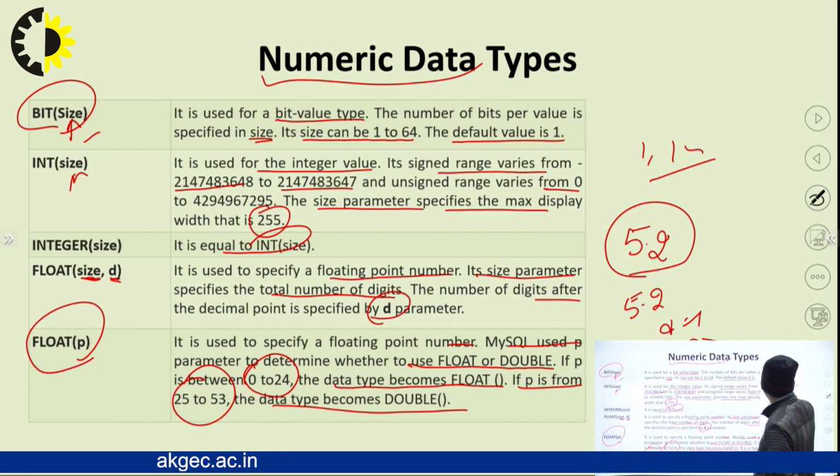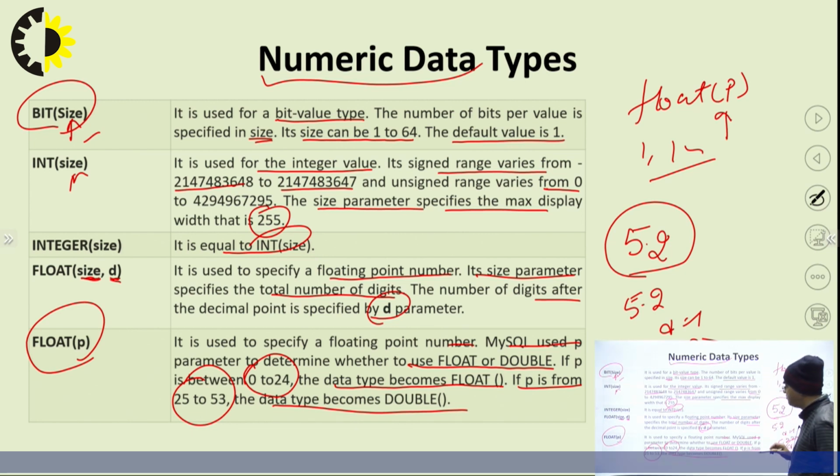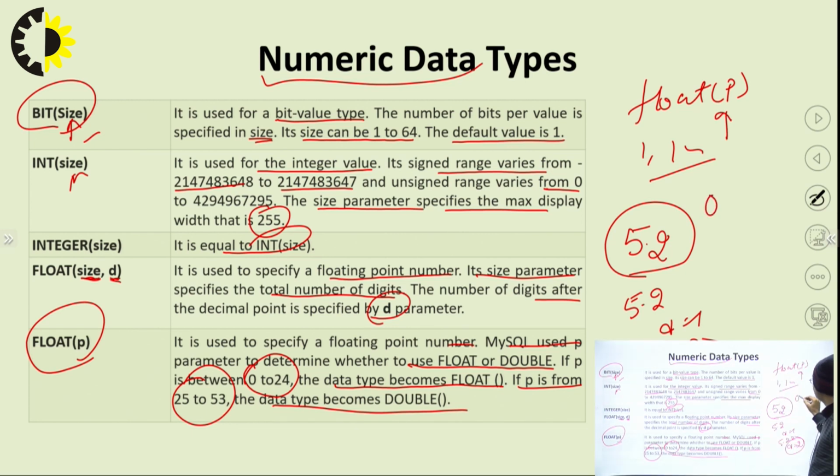If someone writes FLOAT and passes p, the value of p decides it: if p is 0 to 24, it works as a float, and if p is from 25 to 53, it becomes a double.